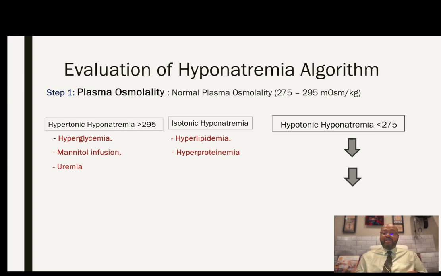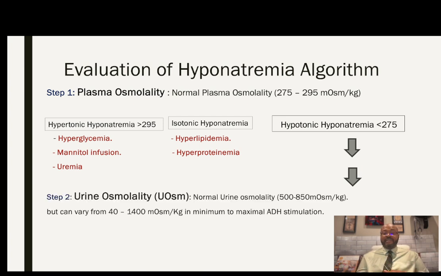Then you want to go ahead and take your next step, which is the urine osmolarity. So a normal urine osmolarity varies, I would say on average 500 to 850 milliosmoles per kilogram. But depending on whether ADH is stimulated, if it's minimally stimulated, where the urine is as dilute as possible, urine osmolarity can drop as low as 40, 50.